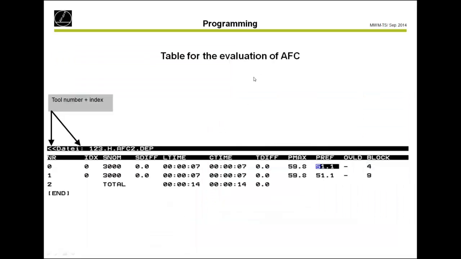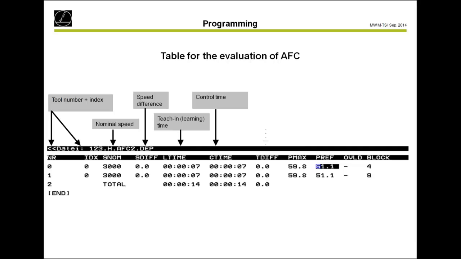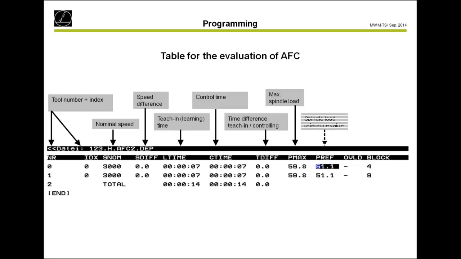So here is a screen of the result table of AFC. The first 2 lines are the tool number and index, the programmed spindle speed, the difference, the learning time, so how long the control learned, the control time, the difference, the maximum spindle load, and the spindle load reference value.